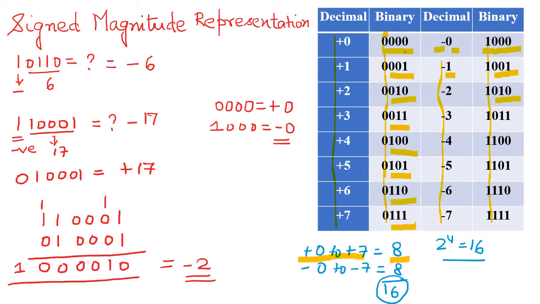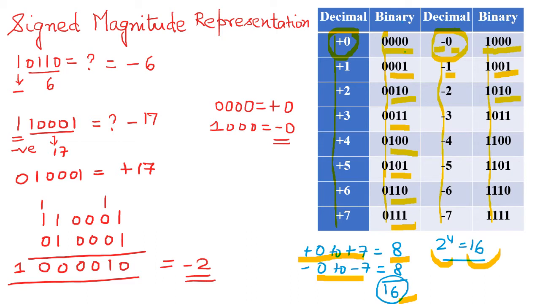The negative values are again from minus 0 to minus 7, that is a total of 8. That makes it 8 plus 8, that is 16. So again, a 4-bit number represents 16 different values. But now we have plus 0 and minus 0, which is not actually correct.